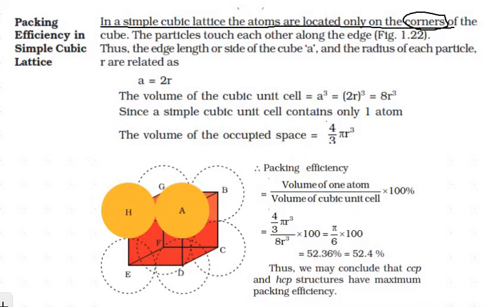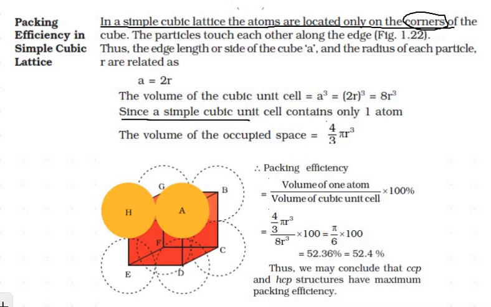It is having 4 upper corners and 4 lower corners occupied with the atoms, and you have already learned in the previous video lectures what is the contribution of these corners for making this crystal lattice. It is 1/8. So if someone asks you how many atoms are present in the simple cubic lattice, what will be your answer? Answer will be 1.